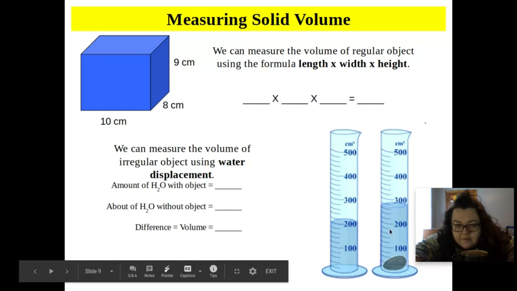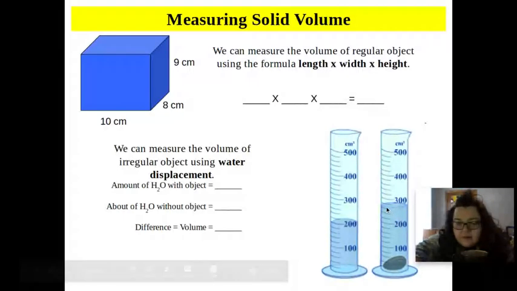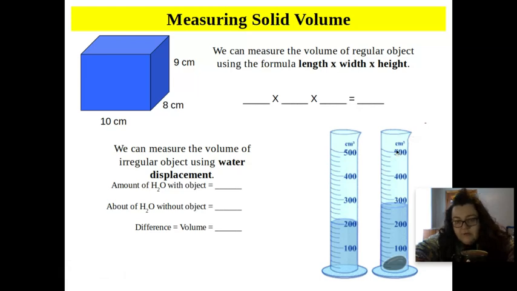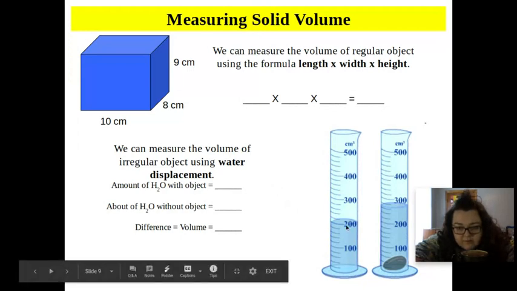And there's 5 spaces, so each of these lines equals 20. So it'd be 20, 40, let's go with 60 right here. So 260 milliliters or centimeters cubed. We're going to go with milliliters because it's a graduated cylinder. So 260. And then without it, we can say it's right at 200.